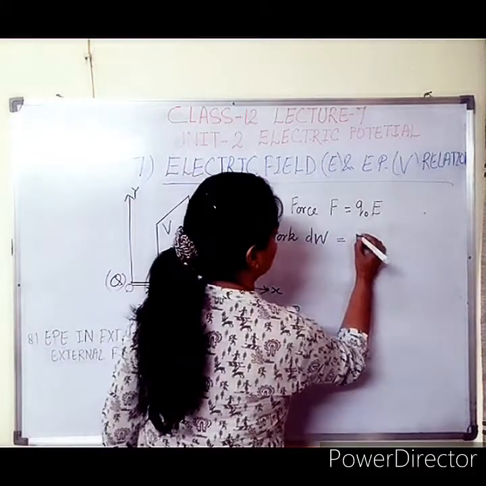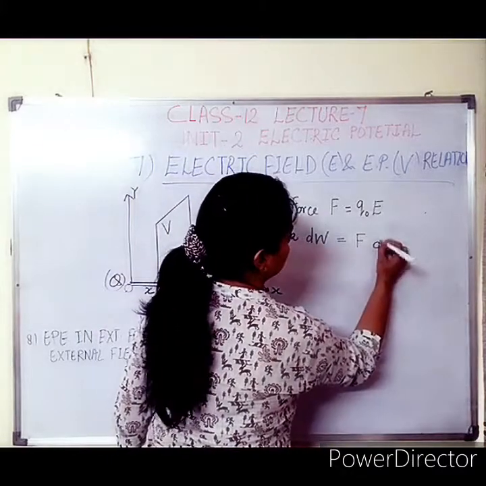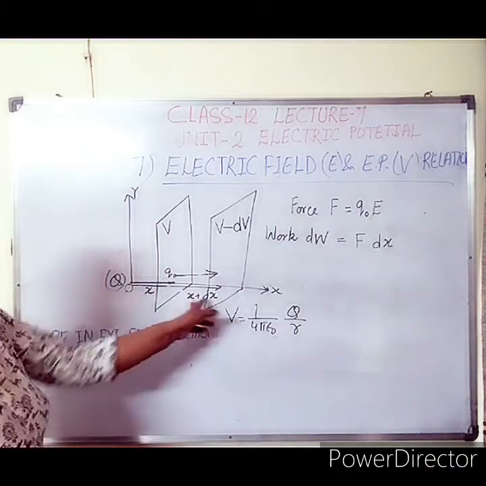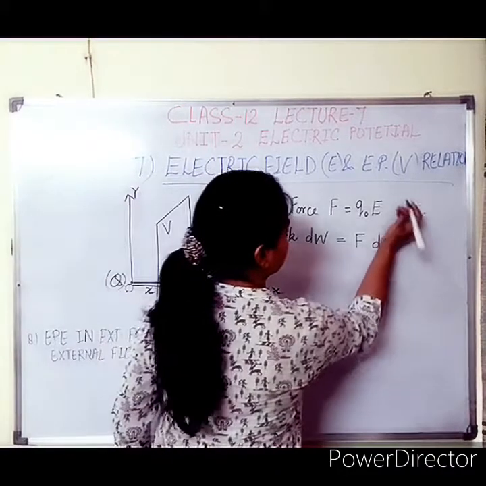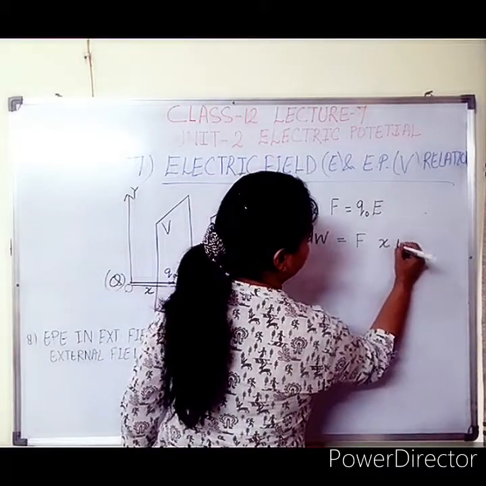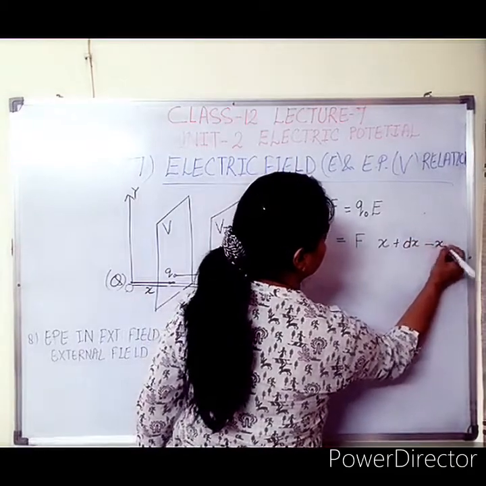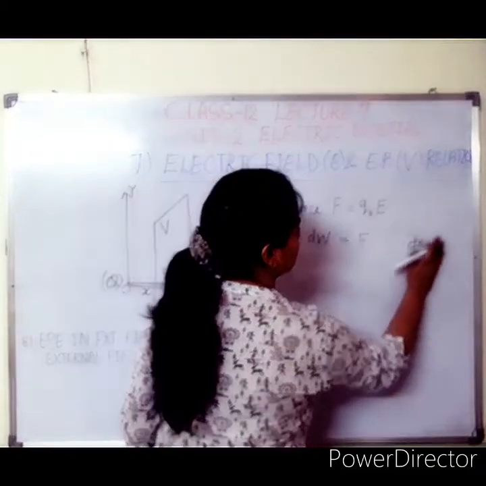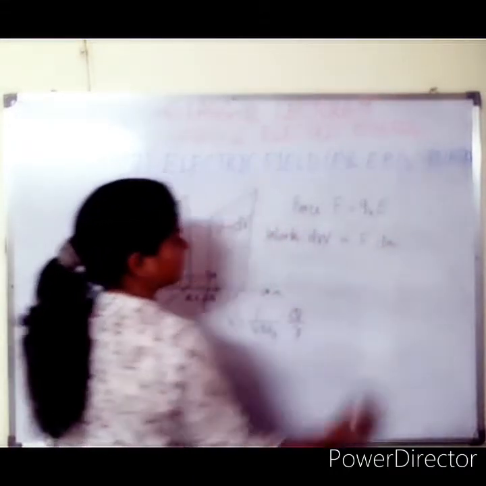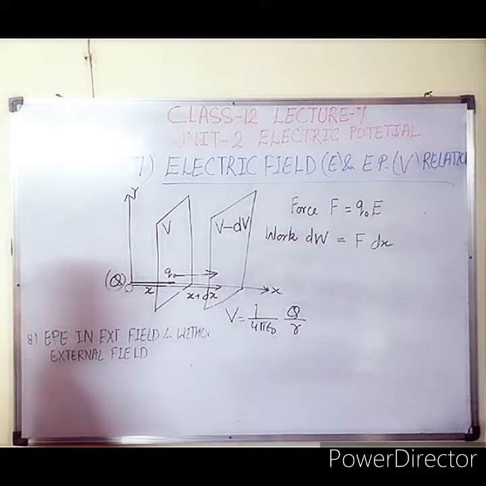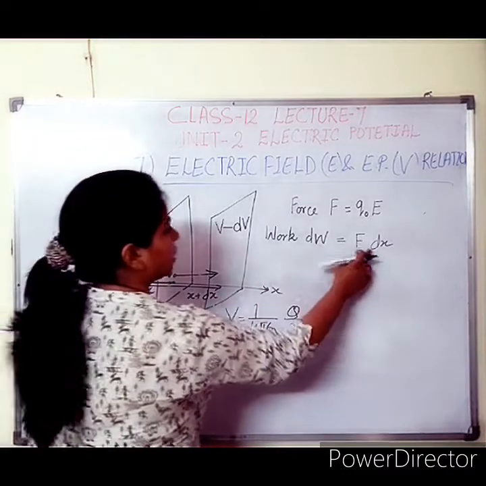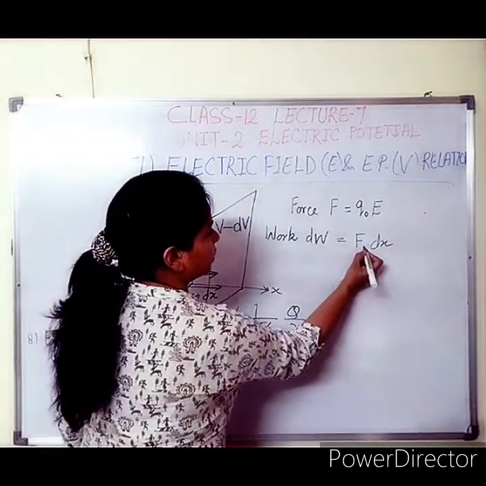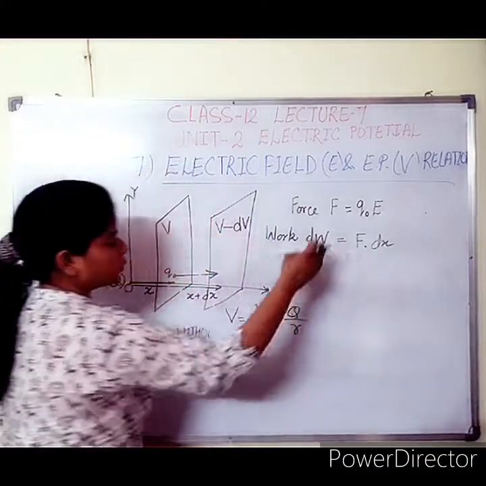Force multiplied by displacement. So how much displacement? x plus dx minus x. So initially we will write x plus dx minus x. How much will be the result? x and x will cancel out and you will get only dx. So it will come as dx. Okay, is it clear? Now F dx, force and displacement are both in the same direction, so I have not applied the dot here. If you apply the dot here, you have to write two more steps.